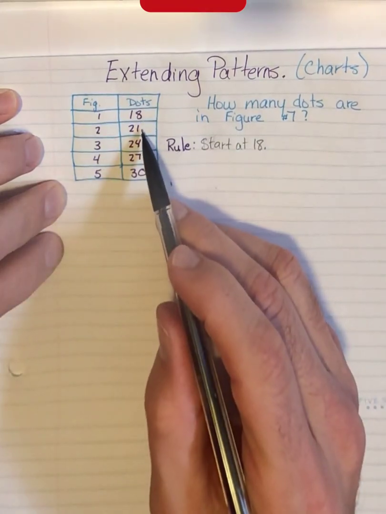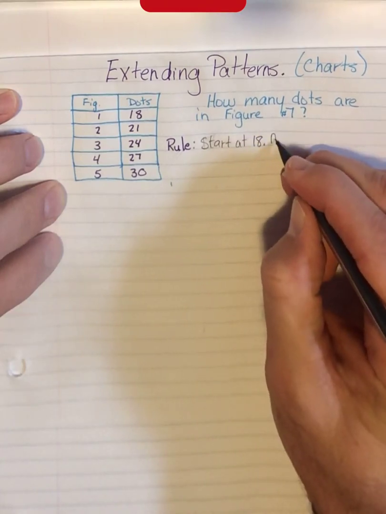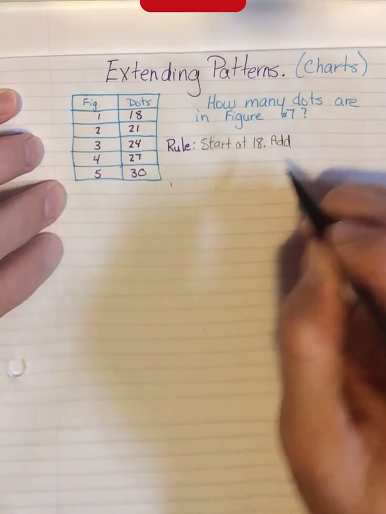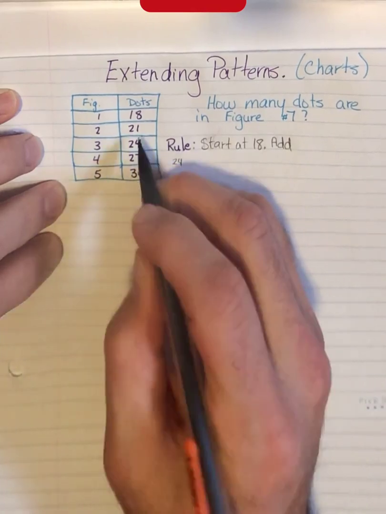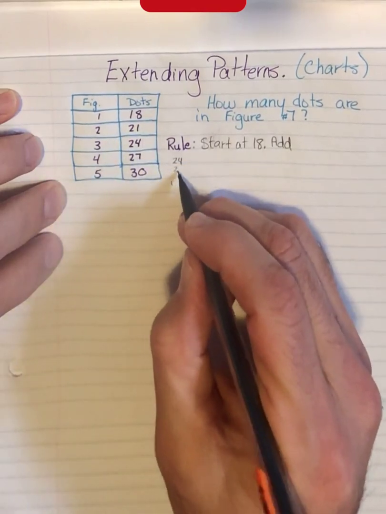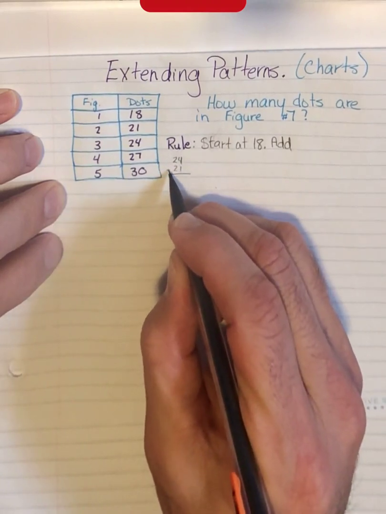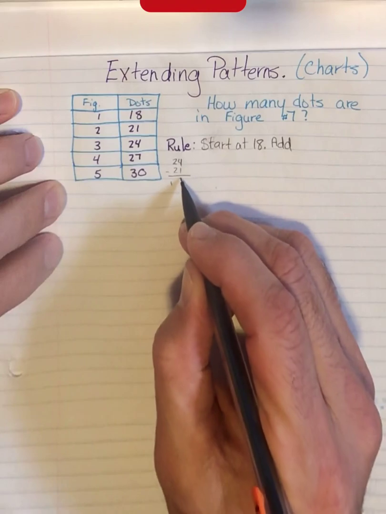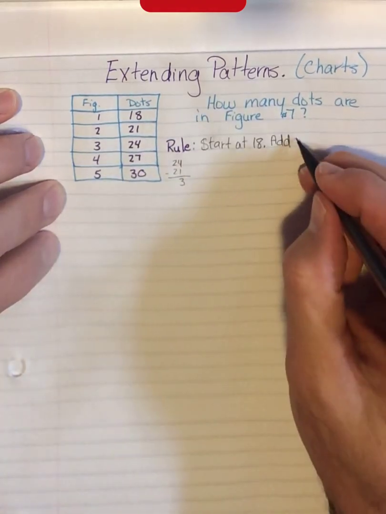Now it appears to be going up, so we're adding. How many? So I'm going to take a number like 24 and subtract from the one just before it. 24 take away 21. 4 take away 1 is 3, and 20 take away 20 is 0. All right, so we're adding 3.